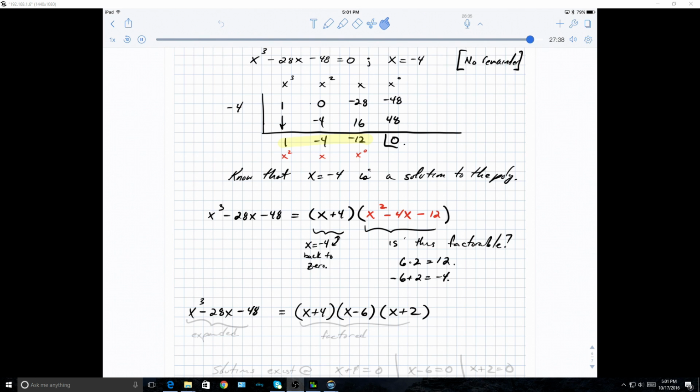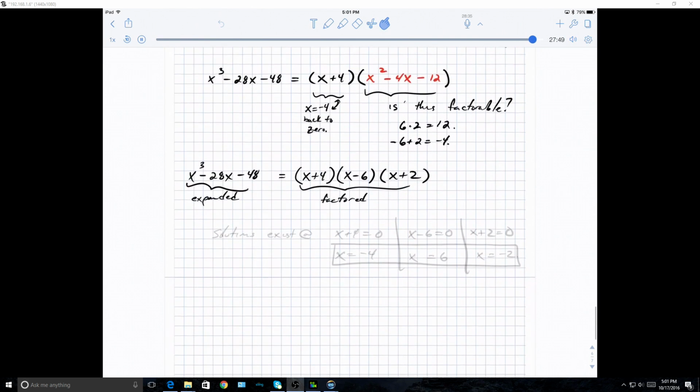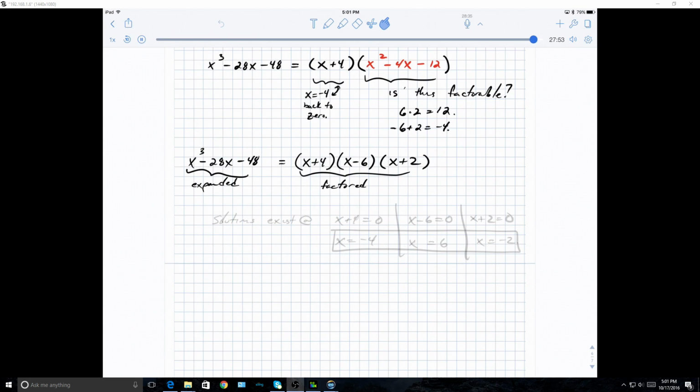Now, this would be the expanded form, and this would be the factored form. Now, from the factored form, we can actually find the solutions. So the solutions exist at the places where each one of those would be zeros.